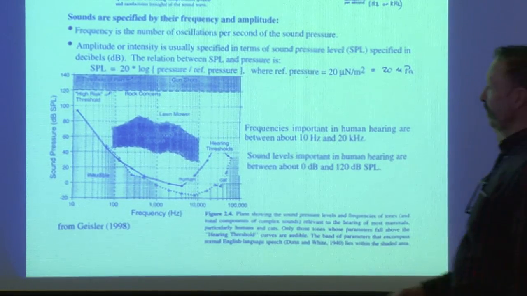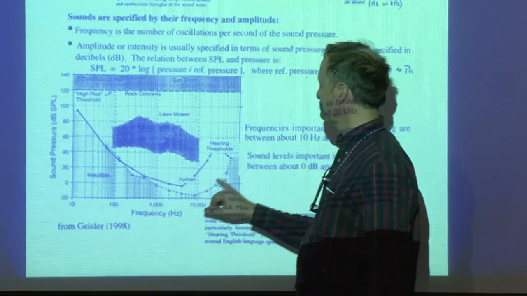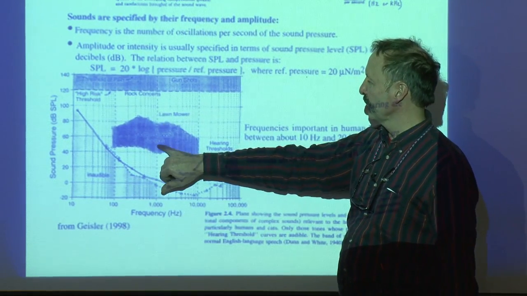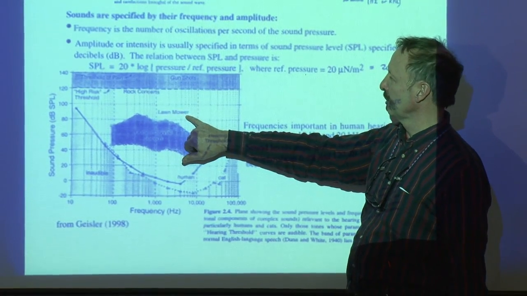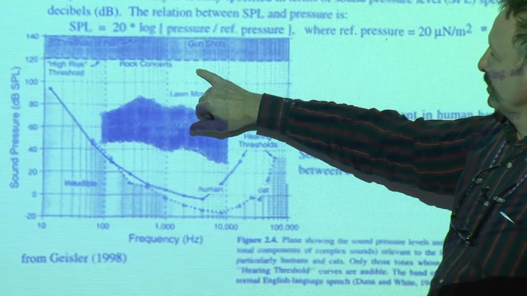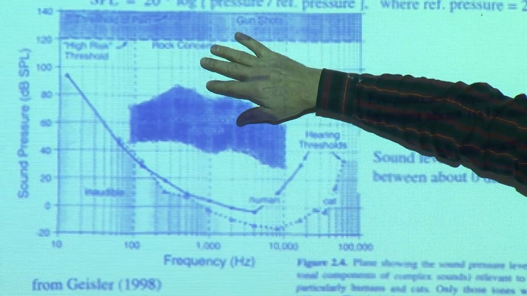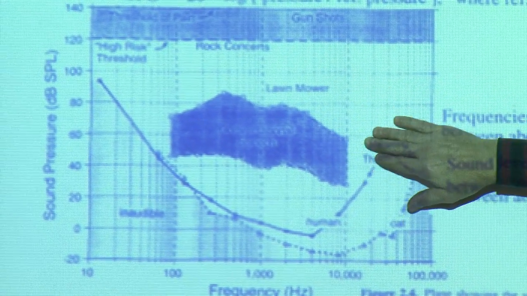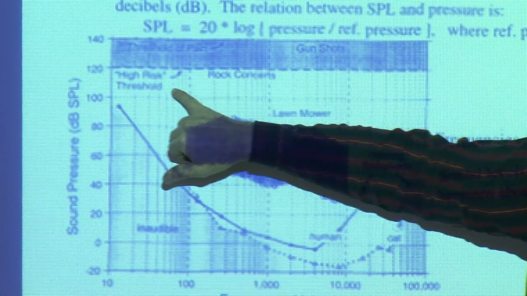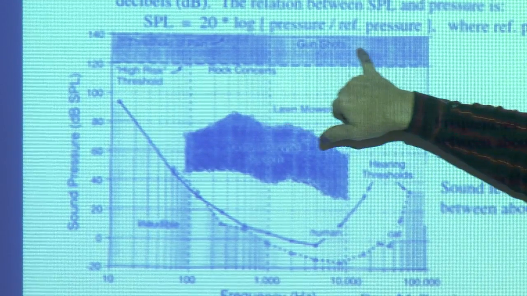Okay, so these are sort of the lower limits of hearing. When you go into conversational levels, or the level of a lawnmower, or the level of a concert, the levels get higher, still certainly within your audibility range. As you go to higher and higher level, you risk damage to your hearing.